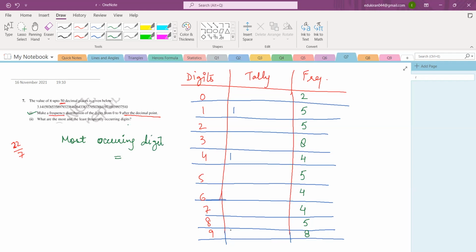Yes, they both have a frequency of 8. So we will write 3 and 9. And which is the least frequently occurring digit? 0. Yes, it has the lowest frequency, which is 2. Note it down.